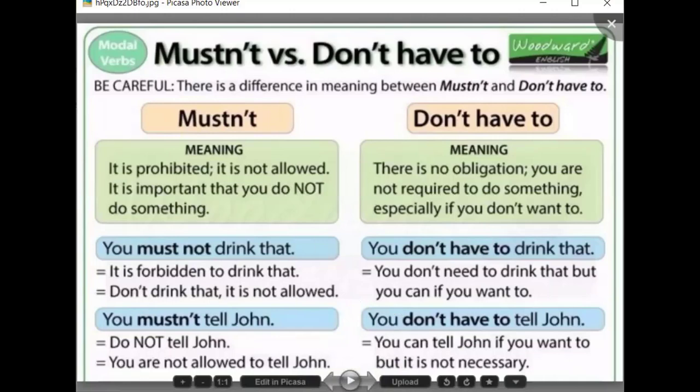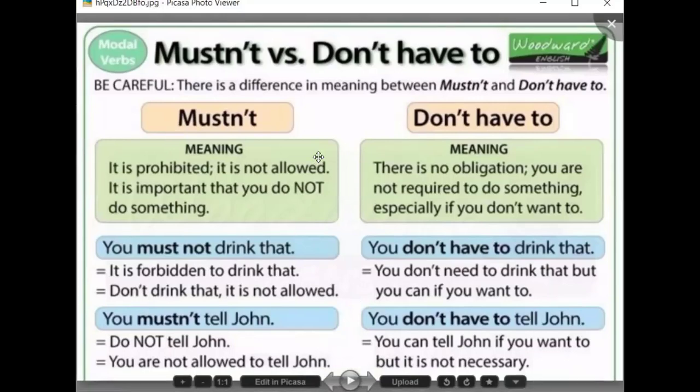Okay, very good. So here we know the differences. Okay, so it's very self-explanatory. I think they are very self-explanatory. I don't have to explain anything.